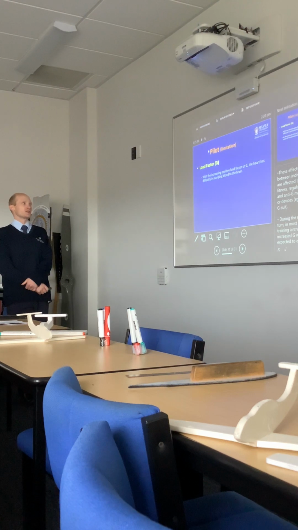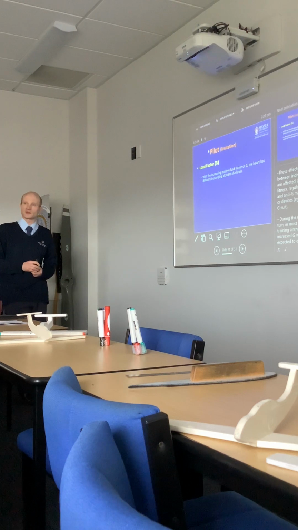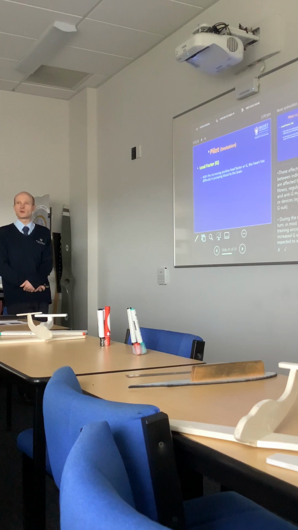The last limitation we're going to talk about today is the pilot. Probably actually one of the more important limitations, I would say. You could ask questions here about the effects of positive G, because they would have done their PPL human factors exam by now, and so they'll know the answers to some of these questions. But otherwise, just remember, with increasing positive G, the heart has trouble pumping blood to the brain and to the eyes.